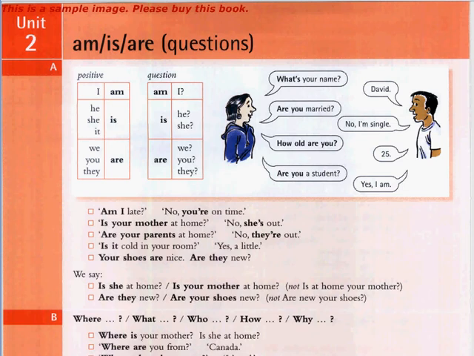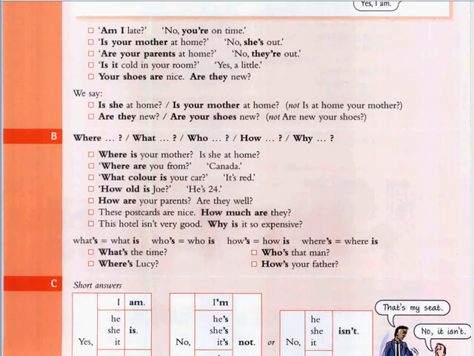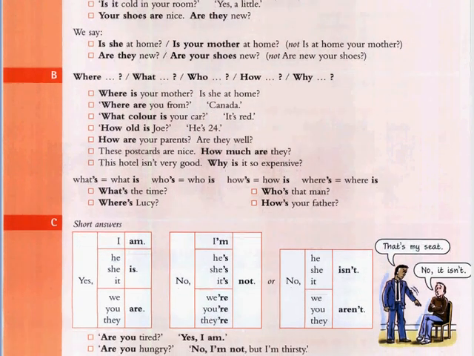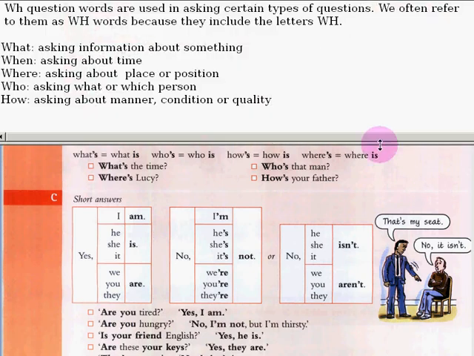Now for Part 2, we will learn more ways to make questions using am, is, and are. We can also use linking verbs with WH questions. First, let us define what WH questions are, okay? WH question words are used in asking certain types of questions.